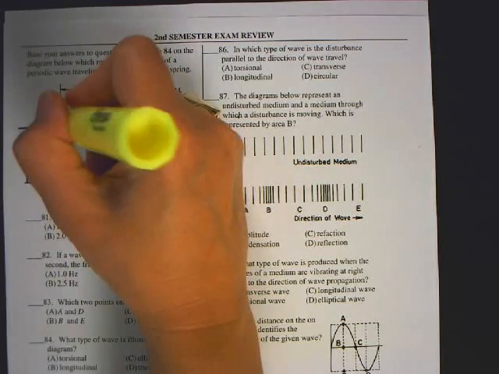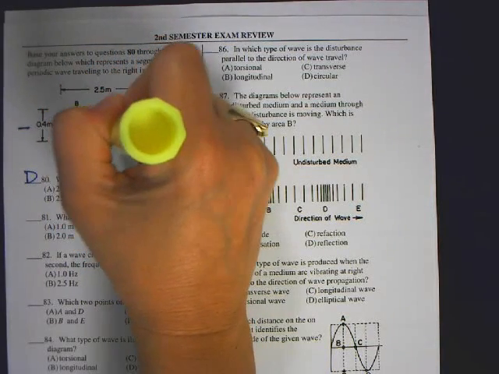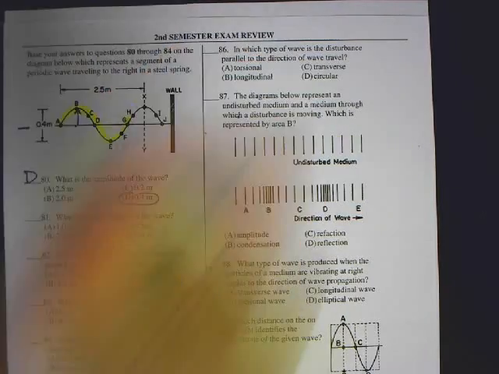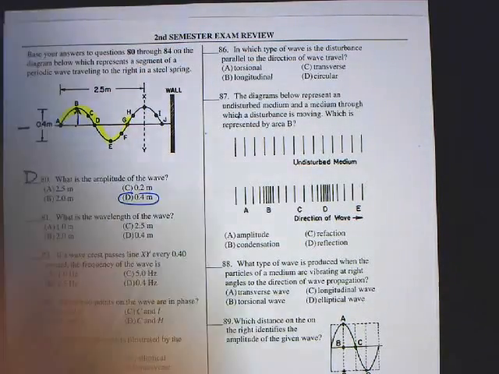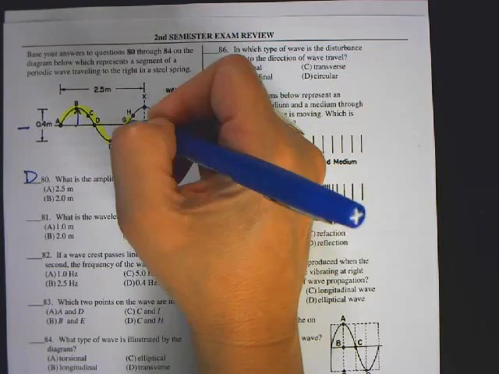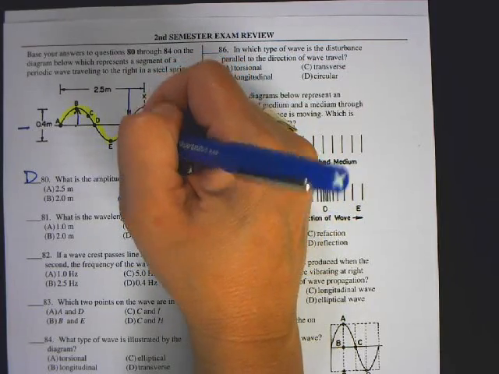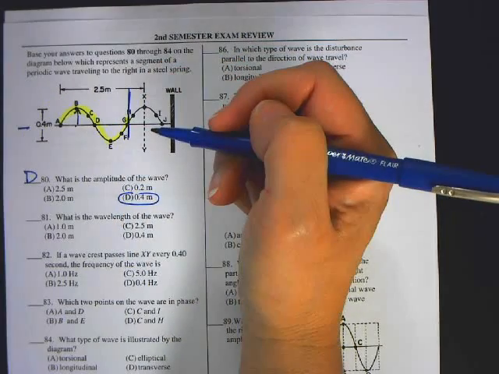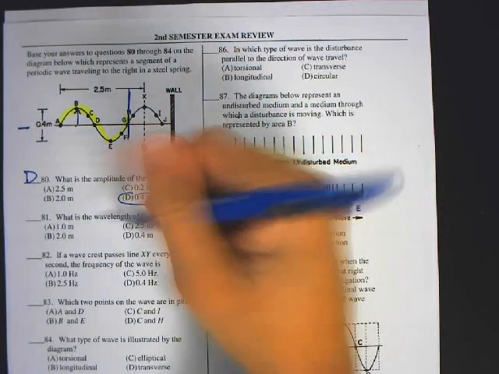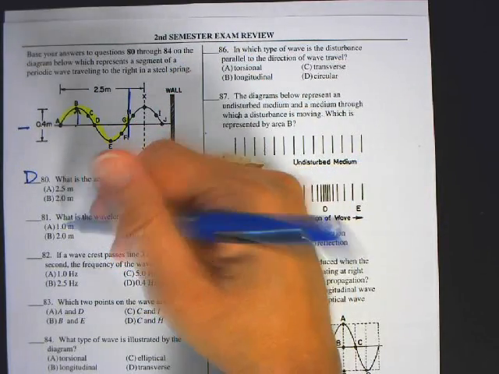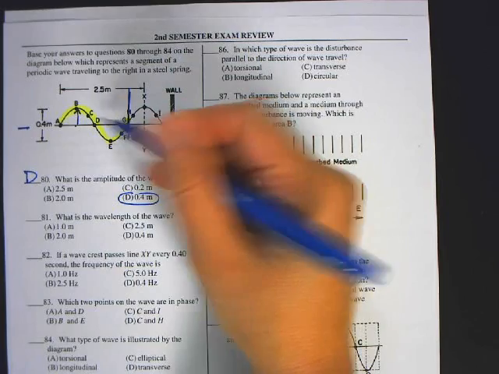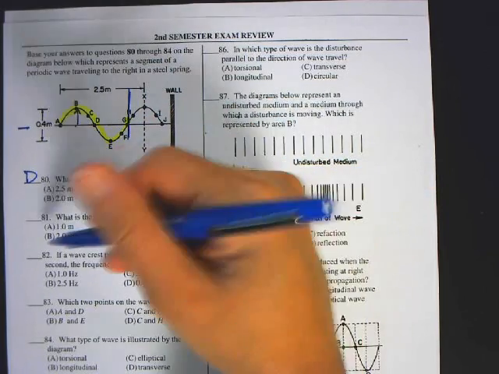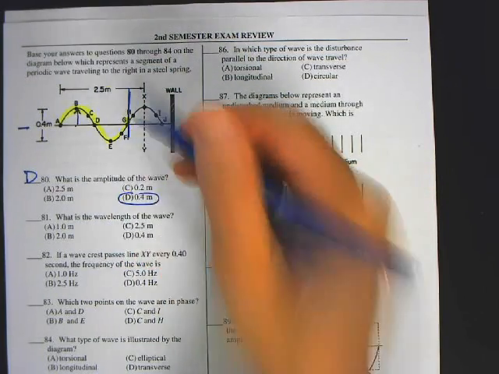Now I'm back to where A is here. If you look, this whole thing is 2.5. This is not the whole thing. So I'm going to look at my choices. I'd have to say, well, I guess it's going to be 2, just based on the diagram, because it's obviously less than 2.5.